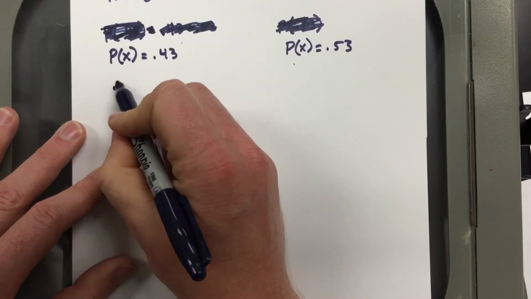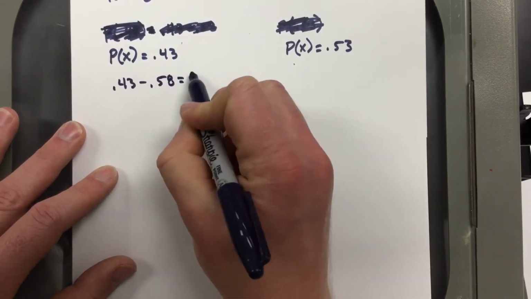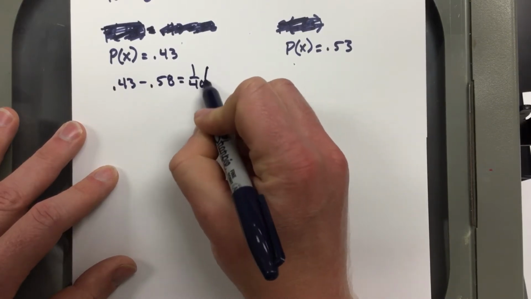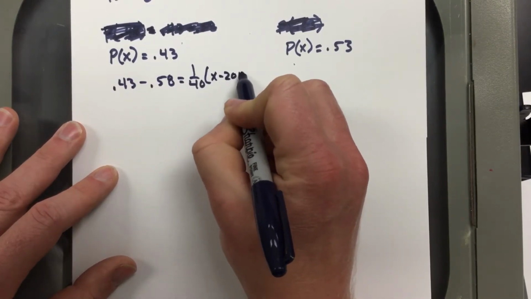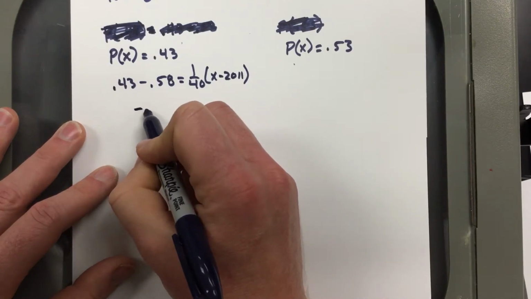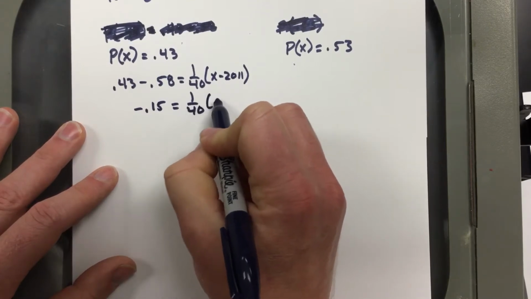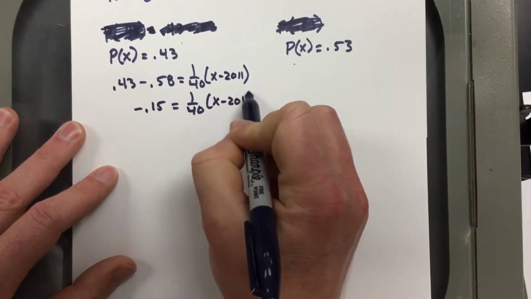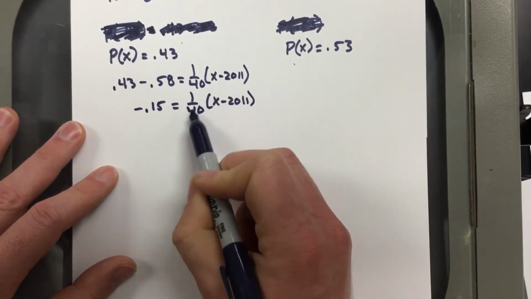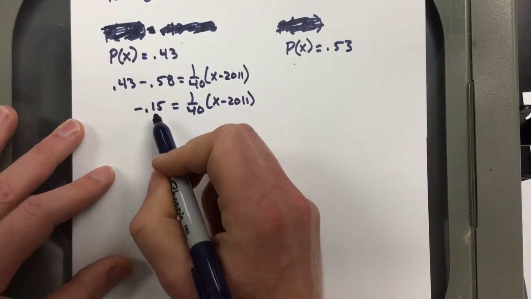So I'll plug 0.43 in: 0.43 minus 0.58 equals 1 over 40 times (x minus 2011). And when I subtract this, I'm going to get negative 0.15 equals 1 over 40 times (x minus 2011). I'm going to multiply by 40, because if I have a fraction, I can multiply each side by 40.